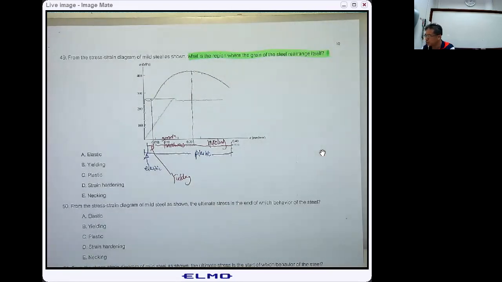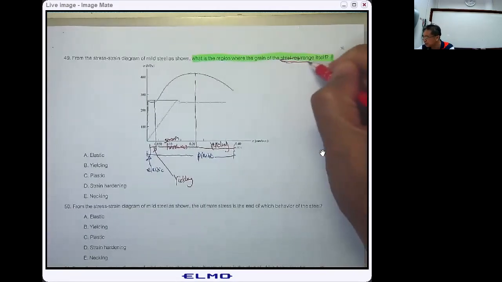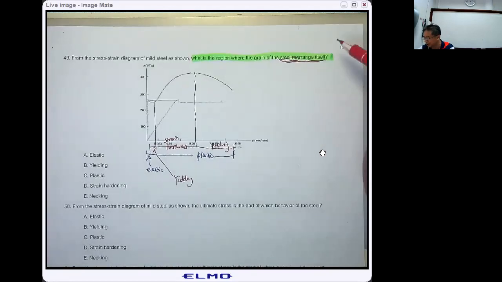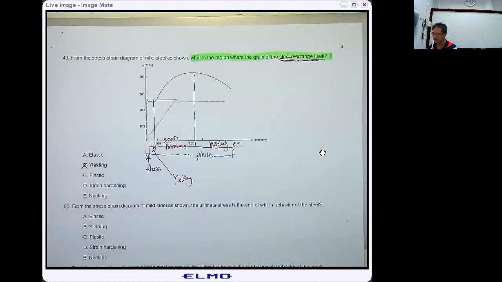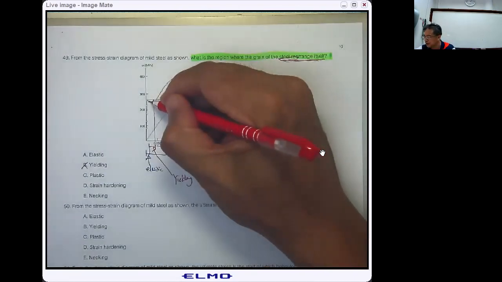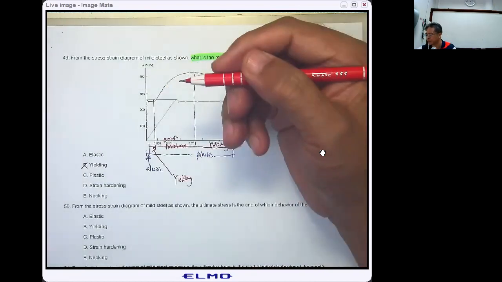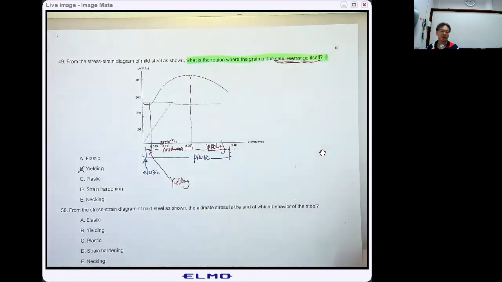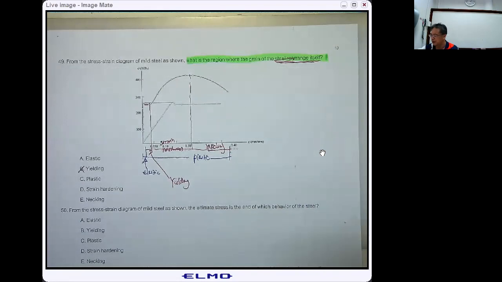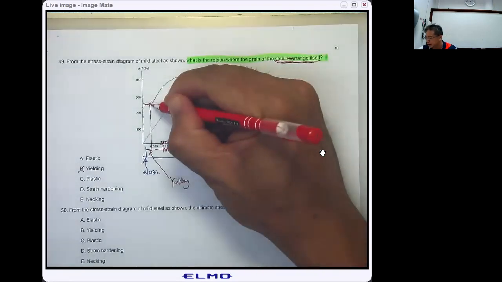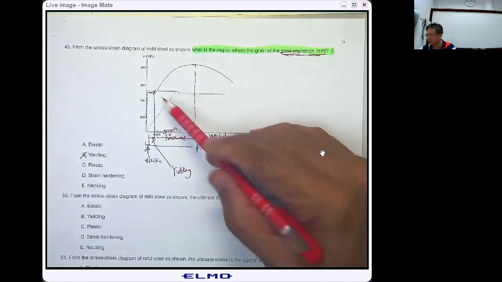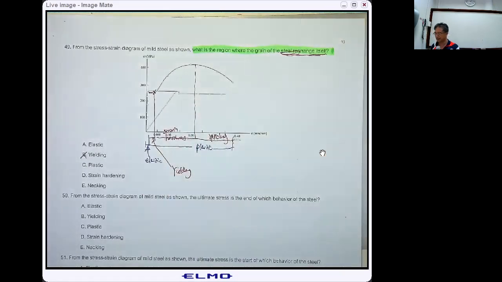Okay, so which one shows the rearrangement of the grain, that is going to be the yielding. During this behavior, the grain of this steel just rearranges itself to get more compact. When the grain gets compact, then they come to the strain hardening region.